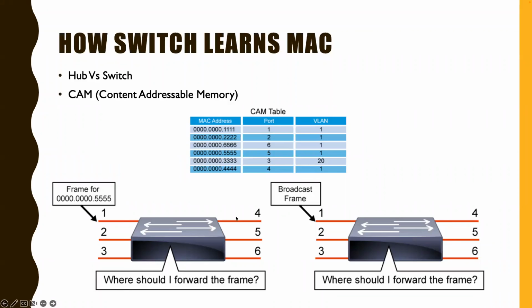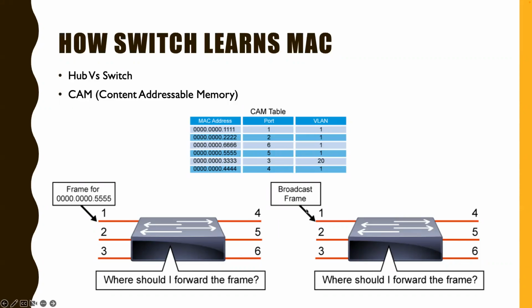So the switch can decide where to forward this frame. Let us assume its CAM table or MAC table is populated like this. It sees that my destination address is 5555, so where do I need to forward this frame? Port number 5. Do you agree? Then it will send that frame to port number 5.